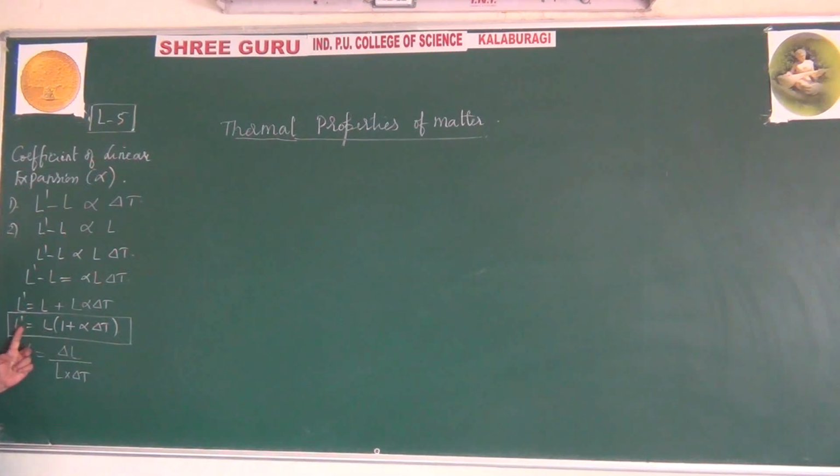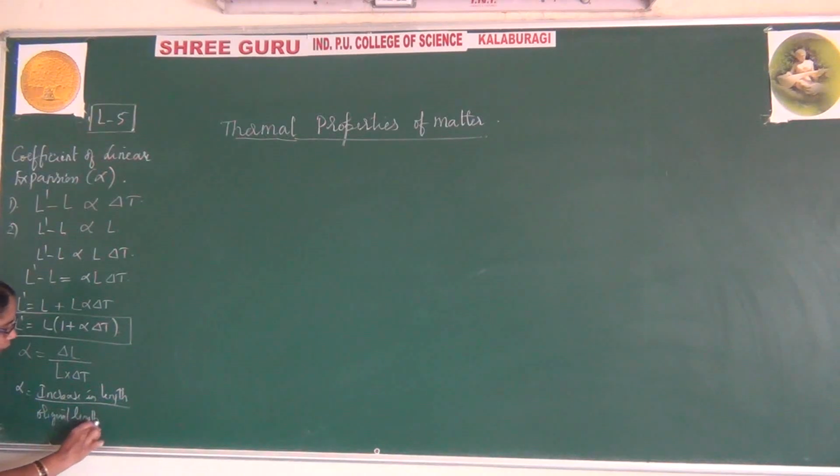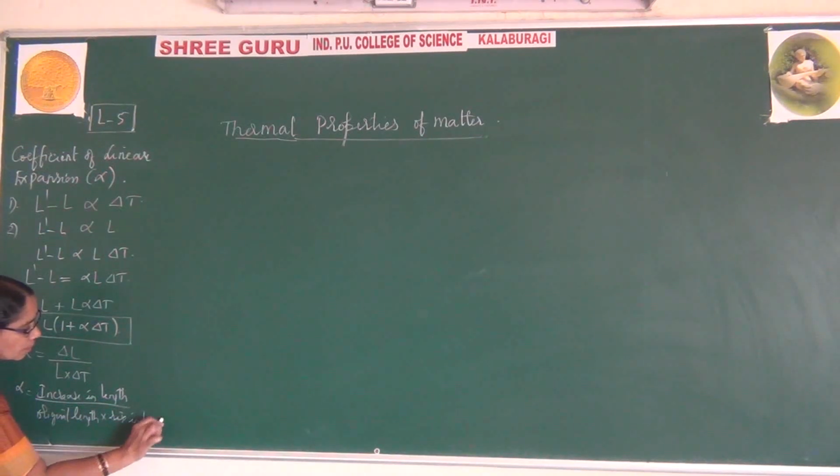Nothing but the change in length, divided by original length into delta T. In words, alpha is equal to the increase in length divided by the original length into the rise in temperature. We wrote this in the last class.